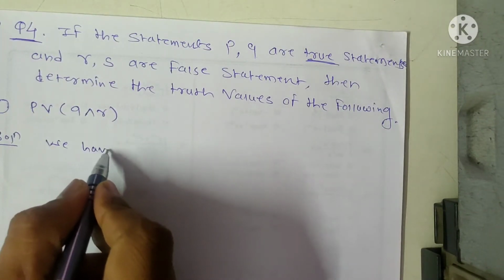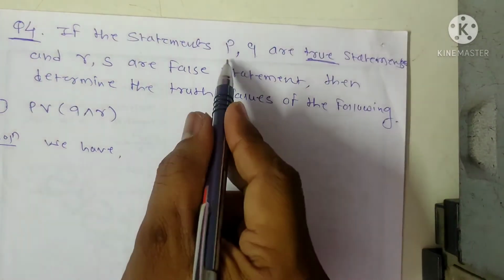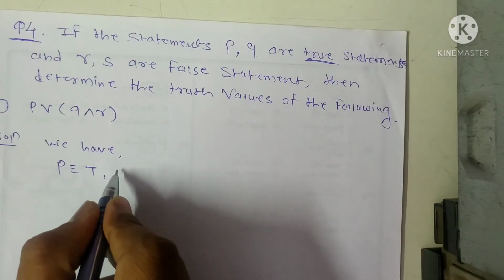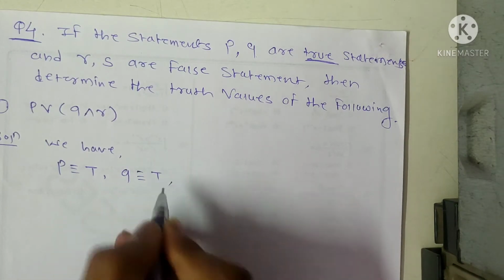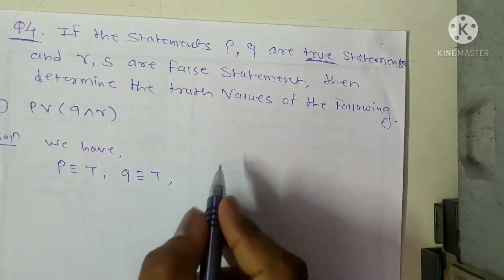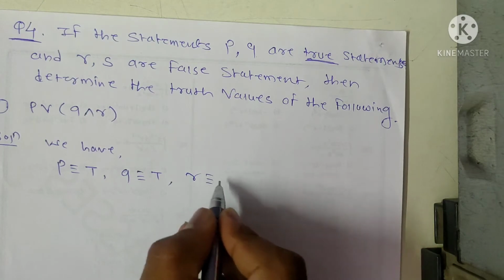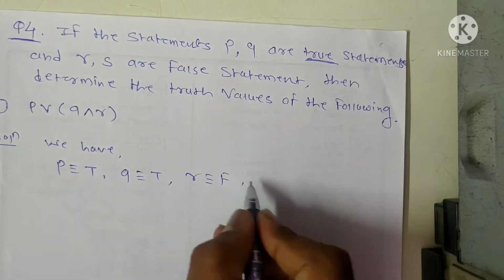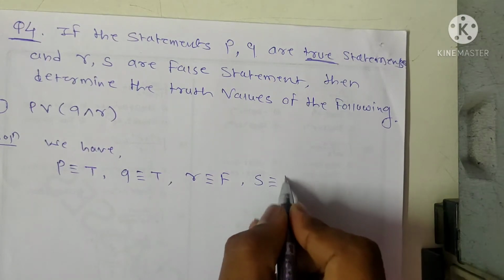We have statement P is true, given T, statement Q is also given T, R and S are false, means F. S statement is given F.